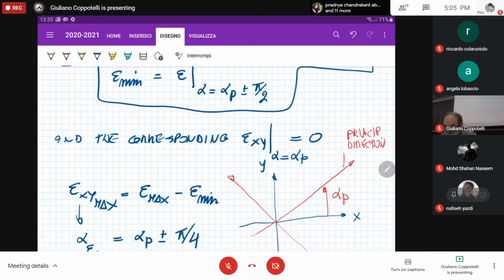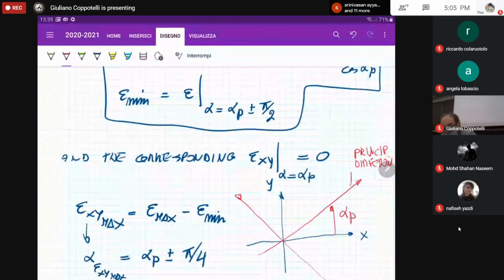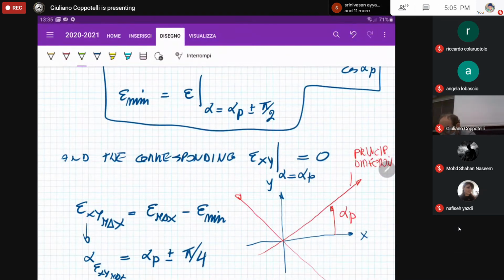Okay, then by shifting that by pi/4, we have the principal direction like this.